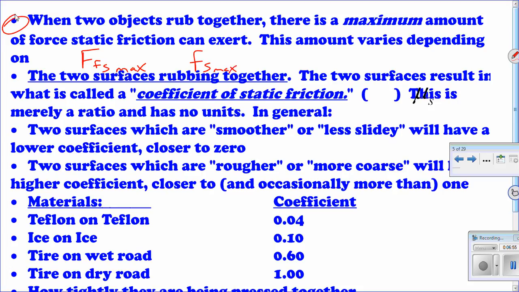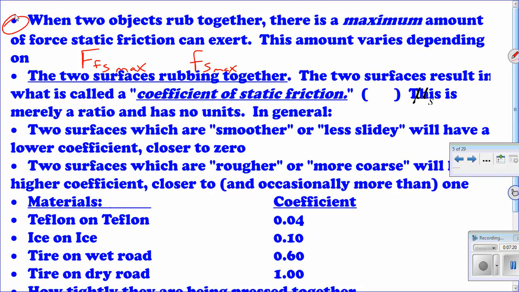I'm really religious about putting a capital F in front because it emphasizes this thing we're talking about as a force. I found that to be less confusing teaching this stuff in the past. For any given situation, assuming that your forces aren't changing, there is a maximum amount of force that friction can exert.